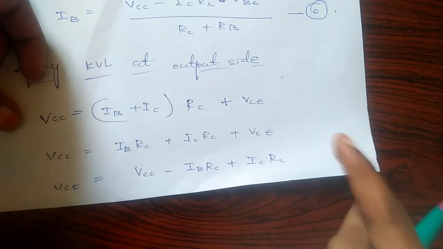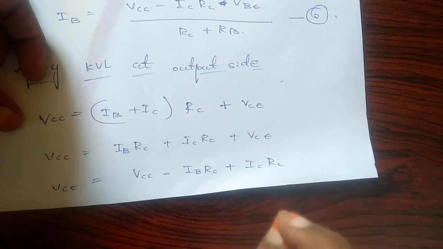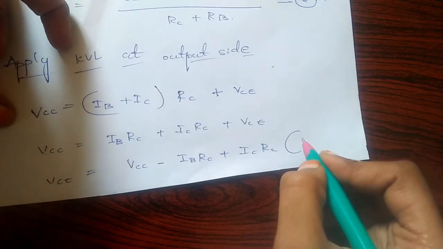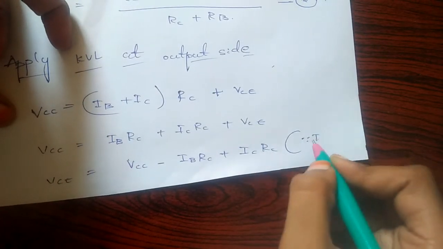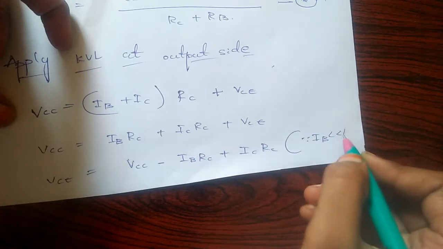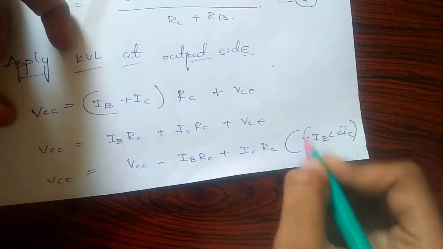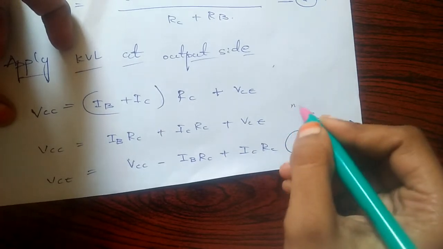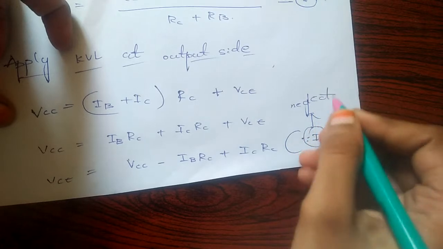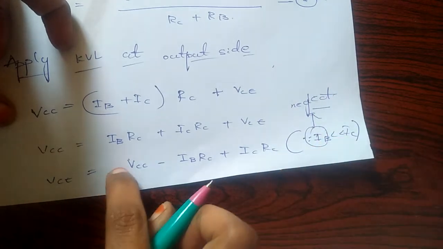I already told you that IB is very small, since IB is very much less than IC, you can neglect IB in this equation.